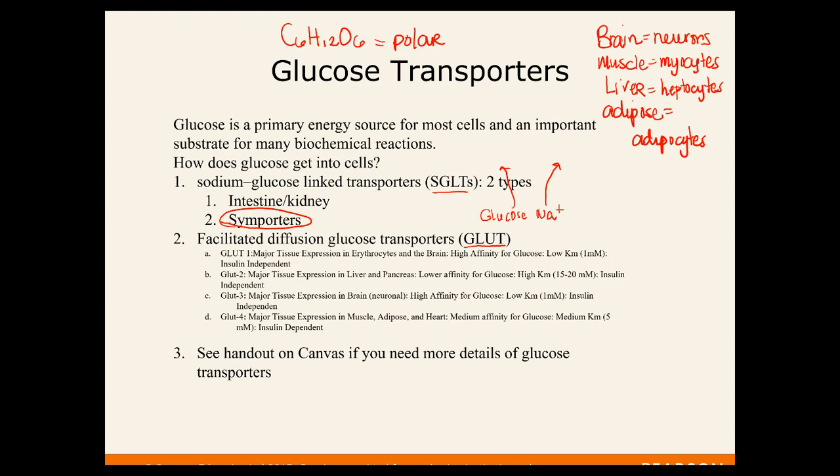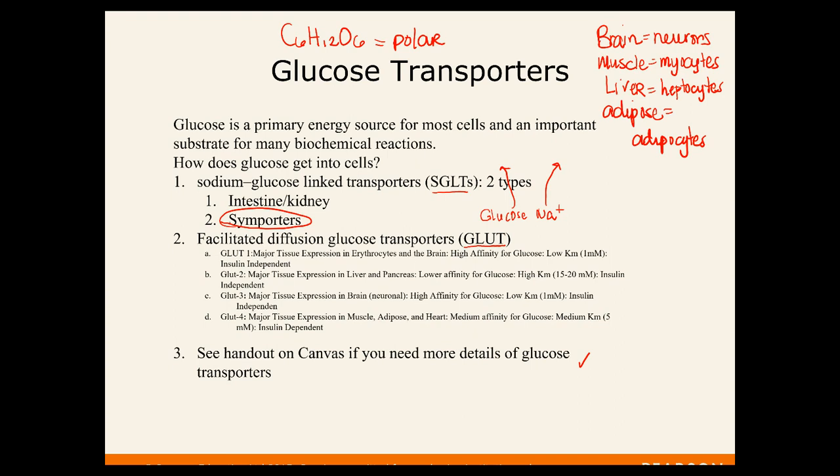Those of you prepping for the MCAT or any of the exams for graduate school, usually there's emphasis placed on this. And there's a paper that I have on Canvas, underneath a handout, and it's a really great paper describing all the different kinds of glucose transporters.